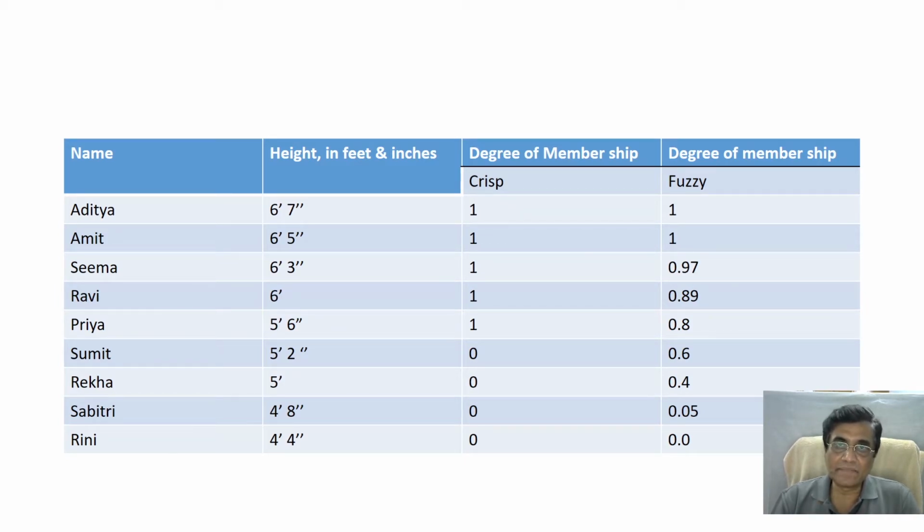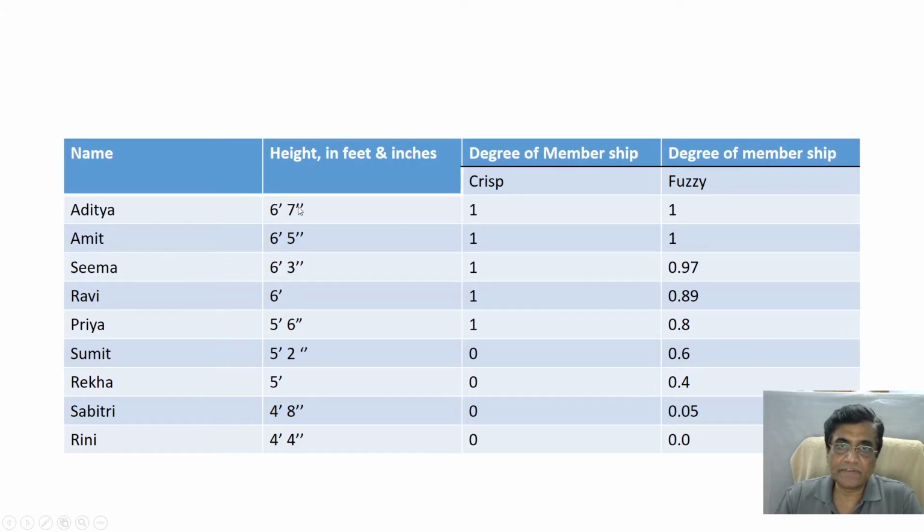So now again I am giving an example. I would like to characterize the height of a person using these values. Say I measure the height. These are my subjects.